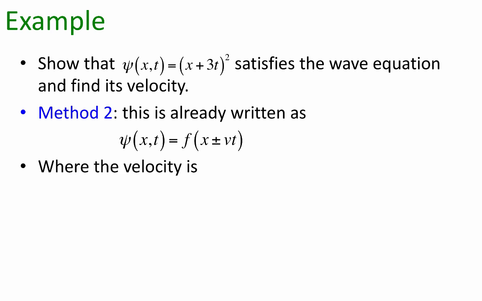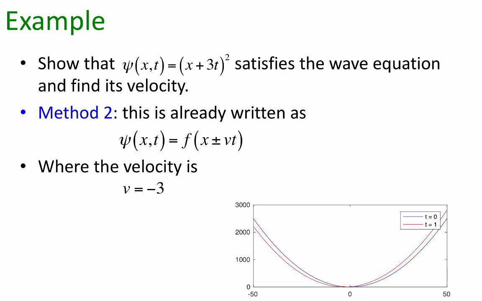It's a function x plus vt, and the velocity is negative 3. Why did I just do that? Because the velocity is in the negative direction. We know, because it's a function x plus 3t, that it must be traveling in the negative direction. So if we include a direction with our velocity, the direction is negative.